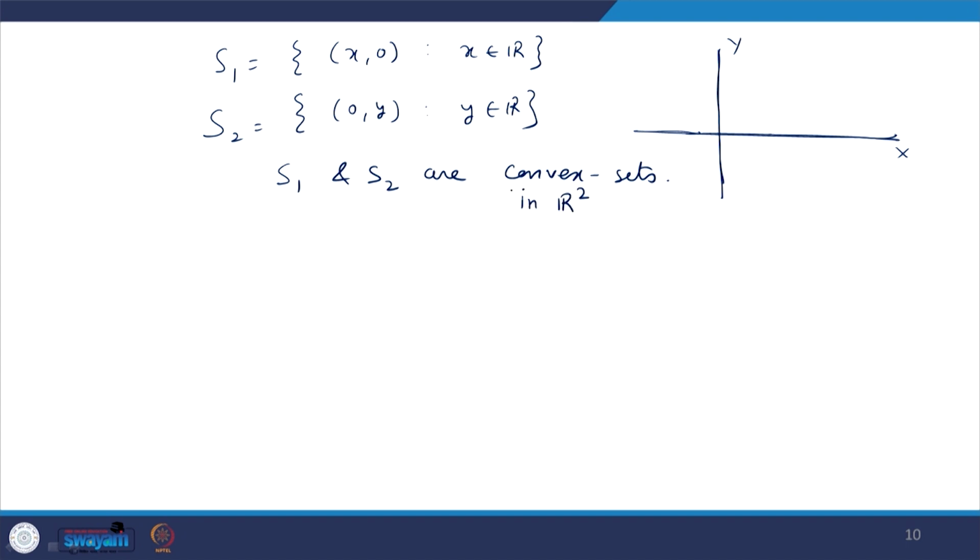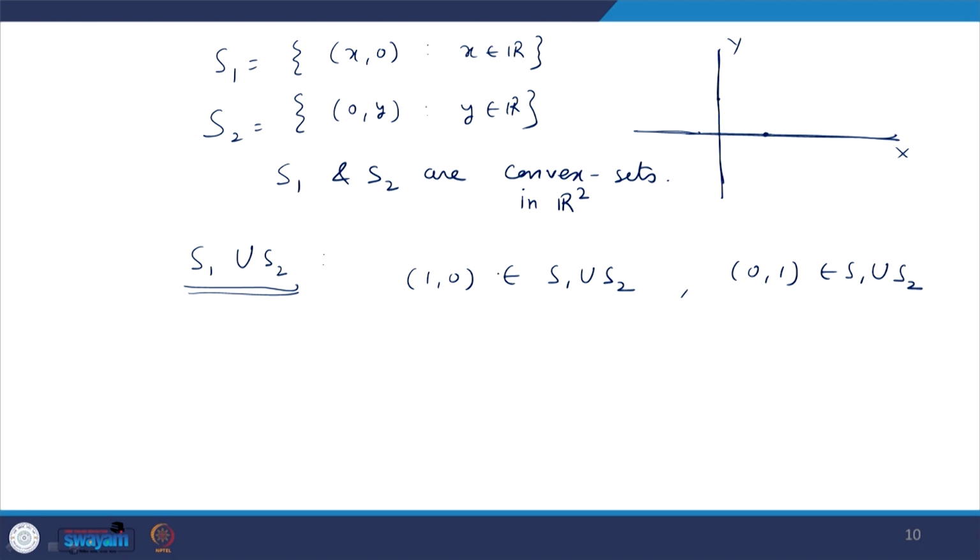Okay. Now, if you take the union of S1 and S2, union means all the points on the x axis and all the points on the y axis. Now, if you want to show that this is not convex, you take say 1 comma 0 belongs to S1 union S2, of course, it is on the x axis, and 0 comma 1 also belongs to S1 union S2 because it is in S2.